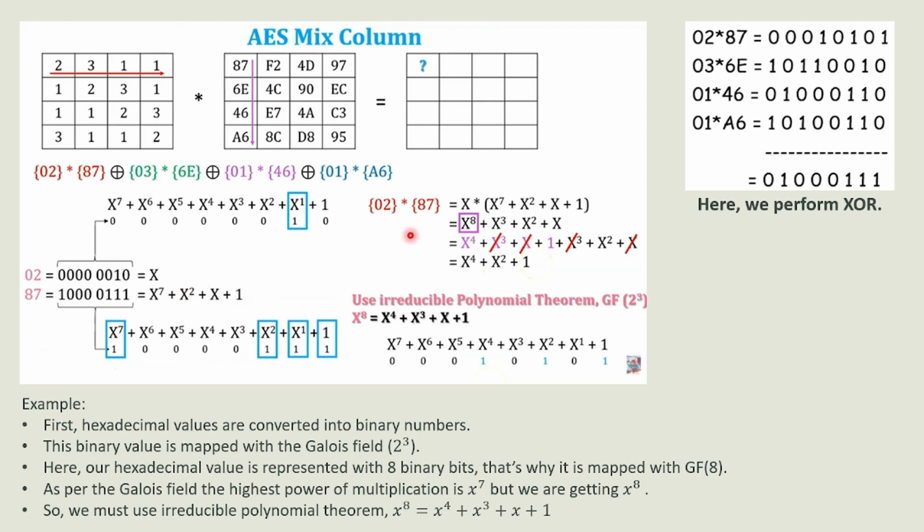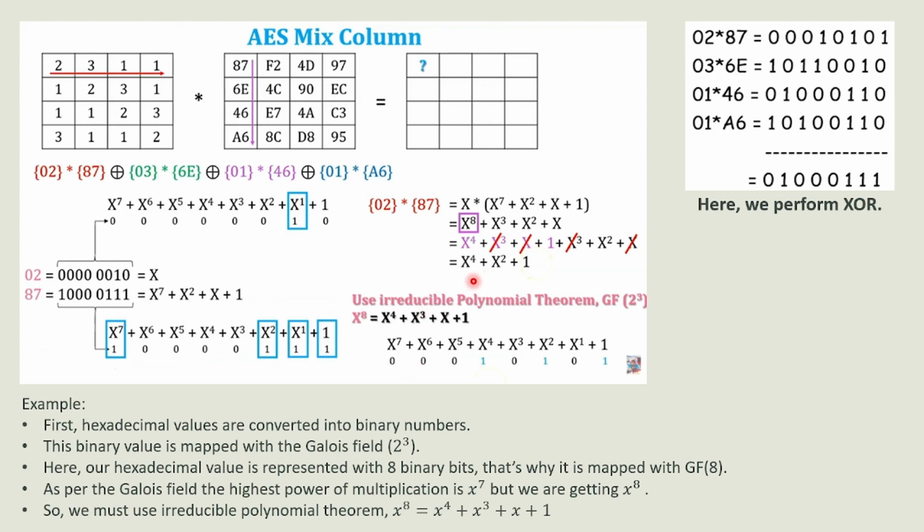Now, after generating these values, we will perform multiplication between them, and we will use the modulo 2 operation with the result, because we are using the Z2 field. After performing the modulo 2 operation, this value will cancel out and this will be the result. Again we convert it into binary.